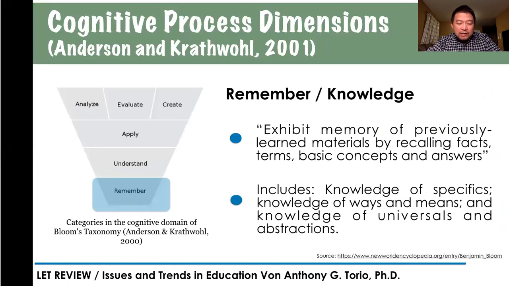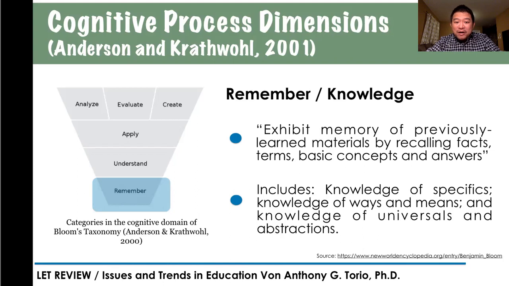In the original publication of Anderson and Krathwohl, we can better understand the sequence of this classification system of the cognitive domain using the following figure. You notice that remember or knowledge is at the base or at the lowest level of this particular illustration.